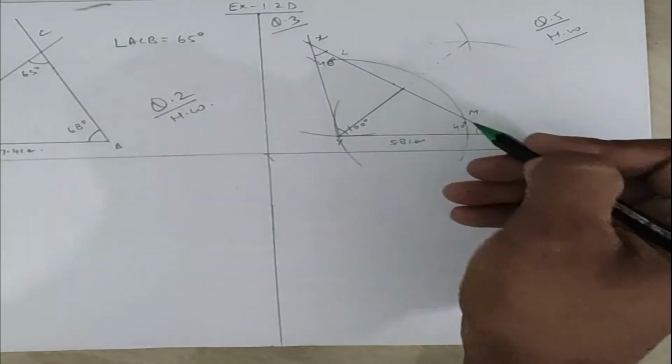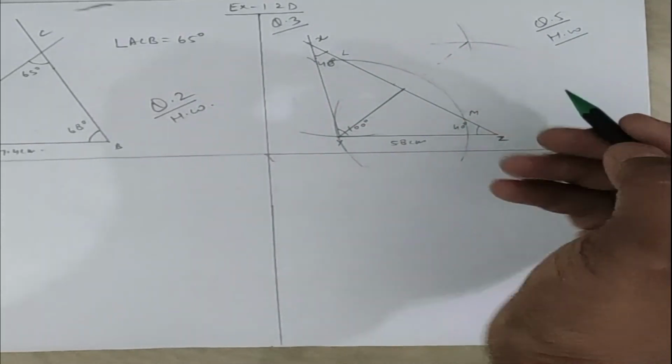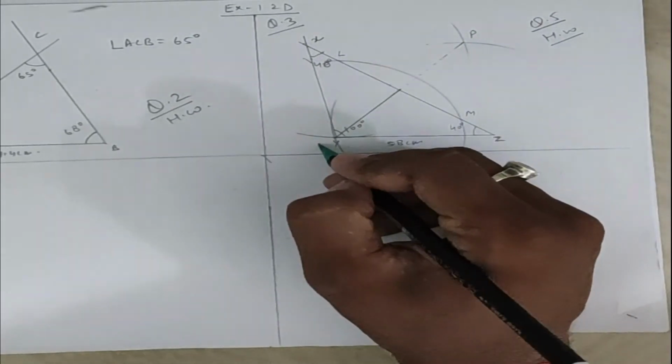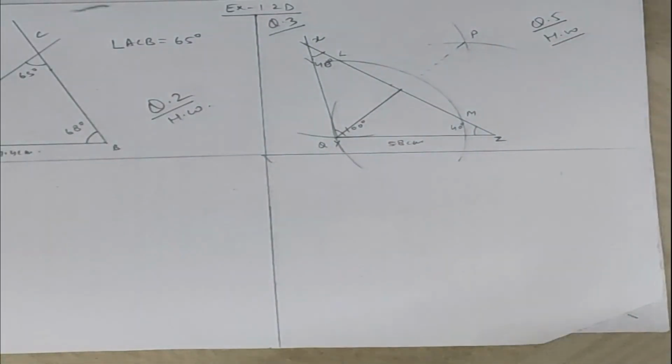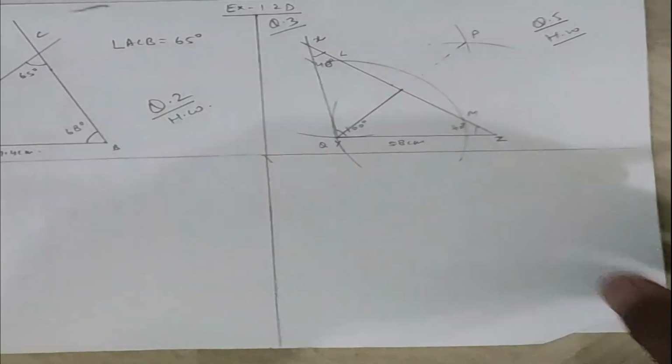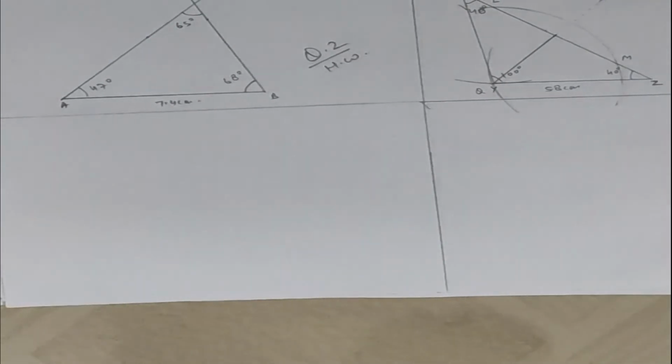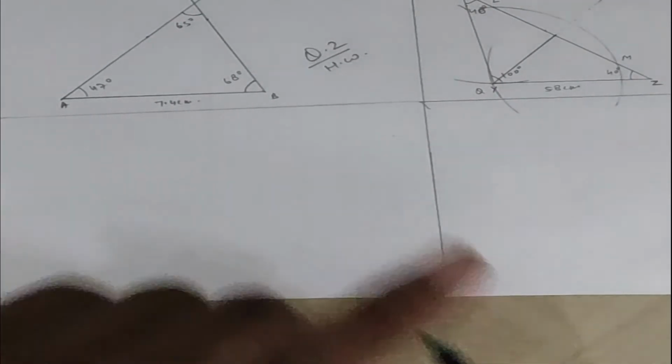From both points we have made arcs, and those arcs cut at P and Q, and then we will match PQ. Okay, that is our steps of construction, how we have done this. And question 5 is same as this question, so you will do it by yourself.